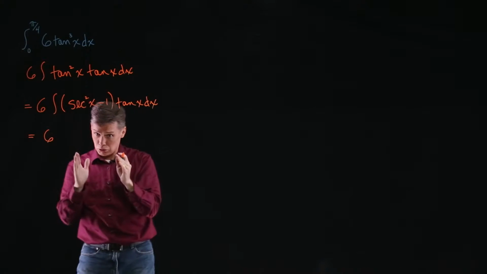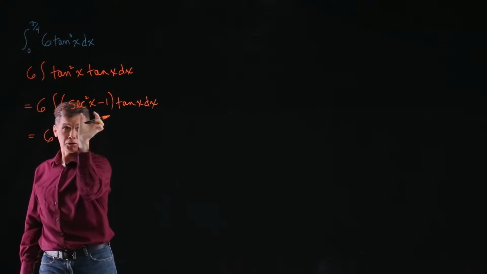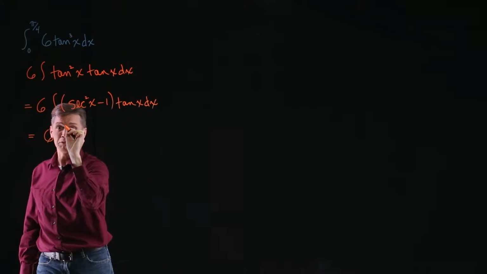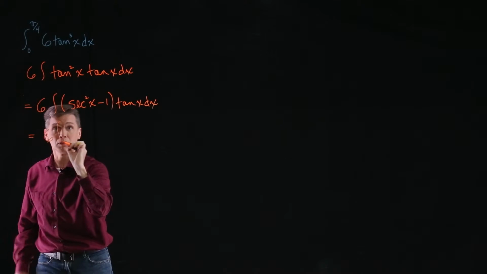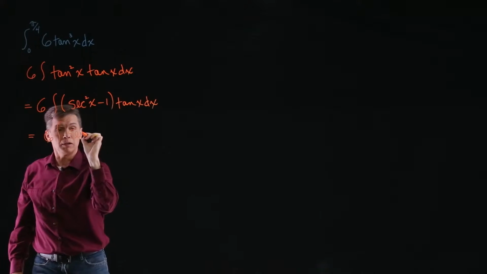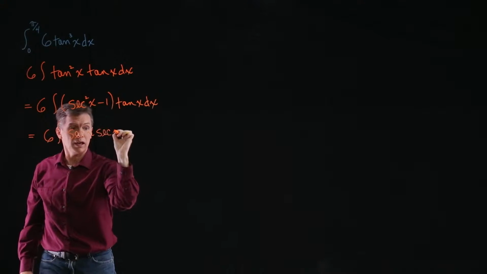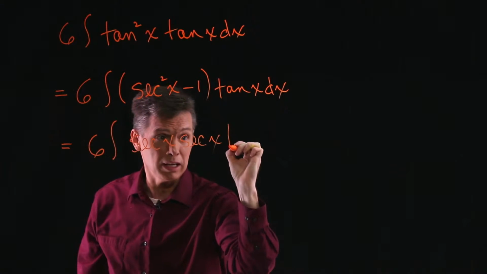The algebra is not too hard to see here. I hope you'd agree with me. So I'm going to distribute through, but even as I do so, I'm going to rewrite this as the integral of secant squared, breaking it apart into secant x times secant x, and then I have that tan x.